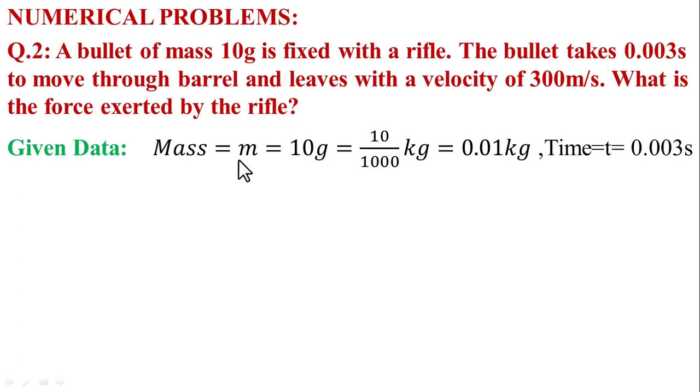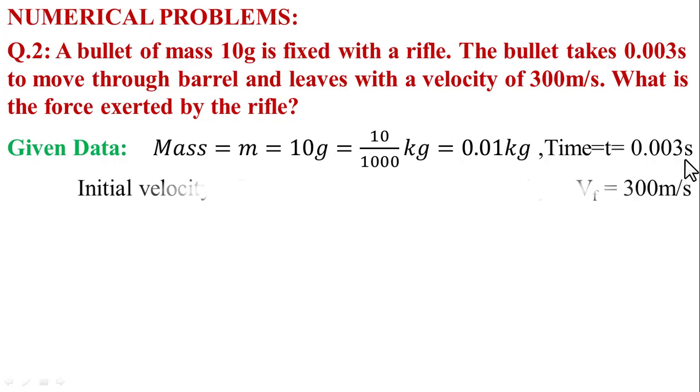Mass m is equal to 10 gram, that is equal to 10 divided by 1000, when we change gram into kilogram, so divided by 1000. 10 divided by 1000 is equal to 0.01 kg. Also given that time, denoted by small t, is equal to 0.003 second.